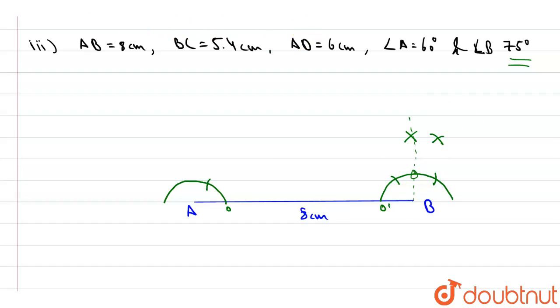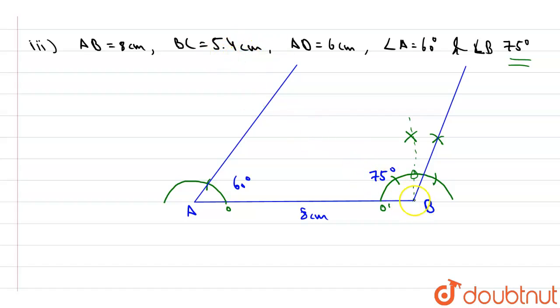So let's suppose make a line from B through this intersection point, and from A make a line. This shows a 60 degree and this shows 75 degree. So now here we have made AB is 8 centimeter, then BC is 5.4.